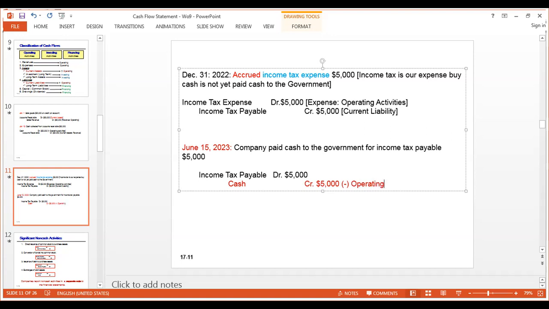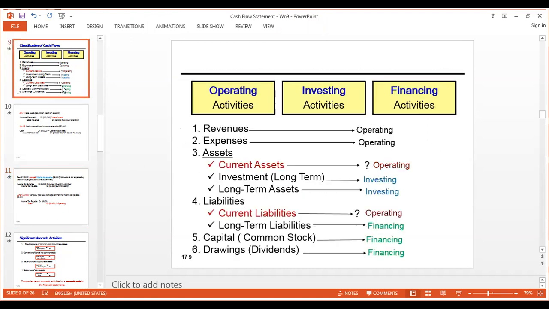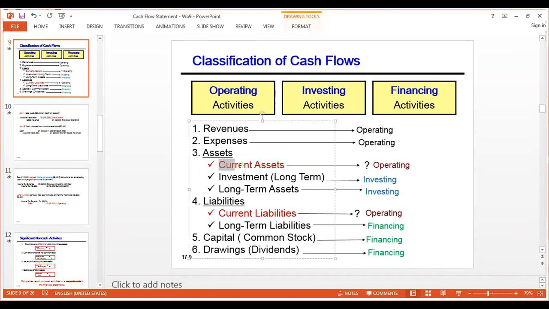Why operating? Why we pay cash? We pay cash because of income tax expense, right? Because of income tax expense. So this is related with operating activities. So here, I repeat again, every current asset is indirectly related with revenue.